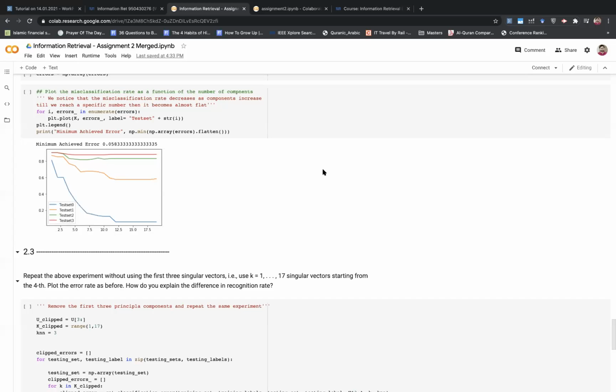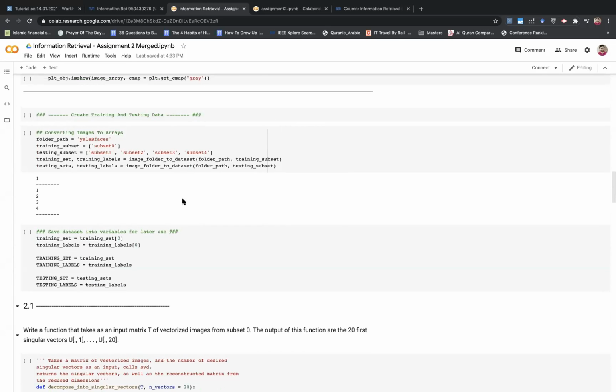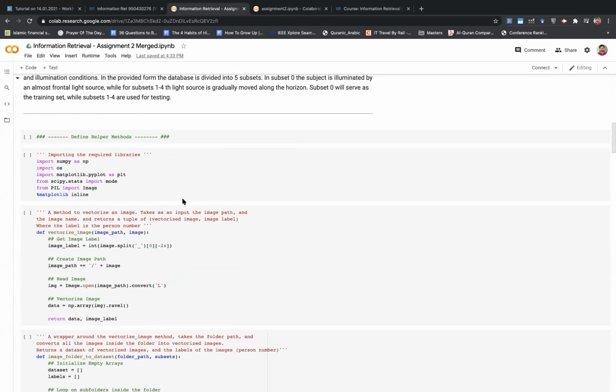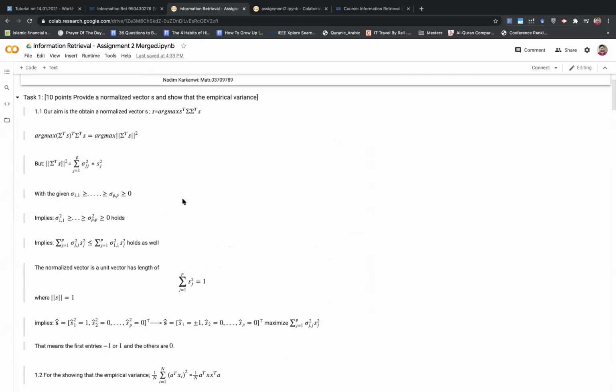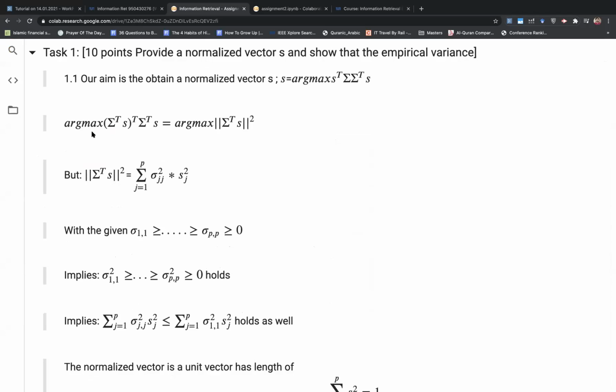This is the solution. It belongs to one of the students from last year, but it is good enough. We will go through the solution one by one.